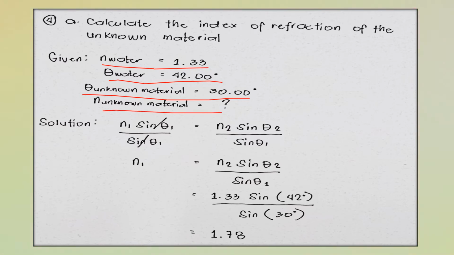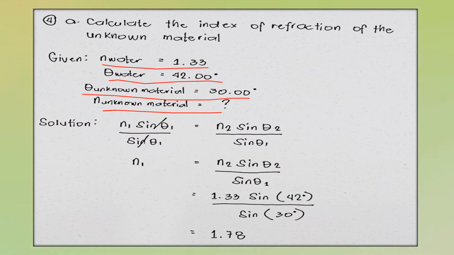And of course, the index of refraction of the unknown material is still missing. Okay, so again, we will be using the formula of Snell's law, which is n1 sine theta 1 is equal to n2 sine theta 2. But since we are looking for the index of refraction, we will divide both sides by sine theta 1.